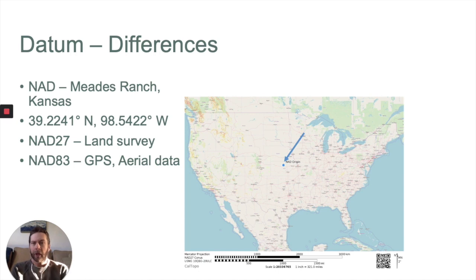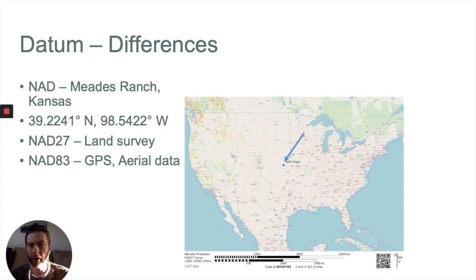Every single datum has a point of origin. This is your center mark, and then from there you are surveying relative to that center mark. In the North American Datum, both 1927 and 1983, that point of origin is a place called Meades Ranch in Kansas, and that was chosen because it is close to the center of the United States.